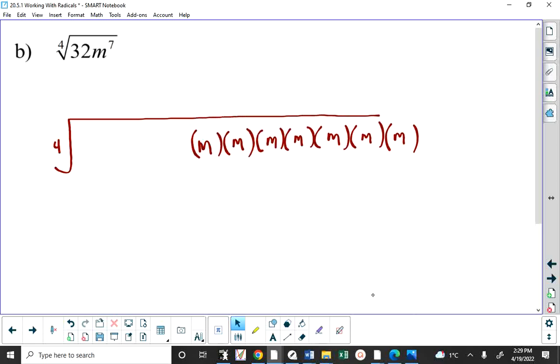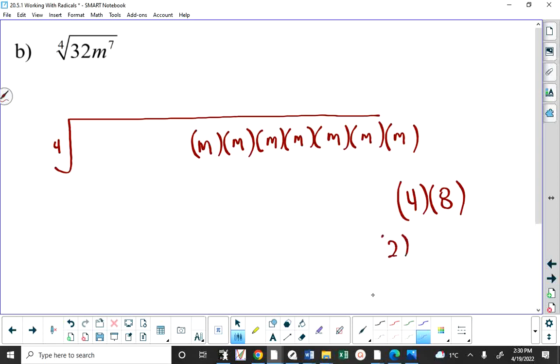I think it's 2 to the 5, isn't it? 2 times 2 times 2 times 2 times 2. Still working on it, okay? Boy, it sure helps to know your times tables. 32 is 4 times 2. 4 is 2 times 2. 8 is 2 times 2 times 2.